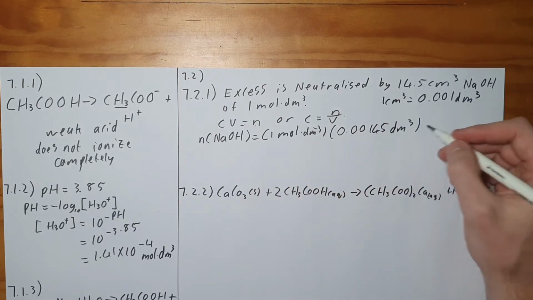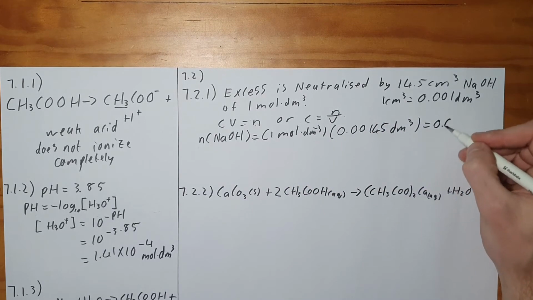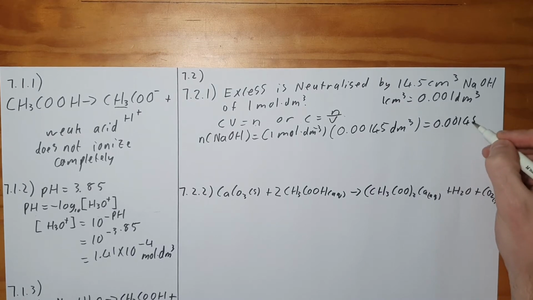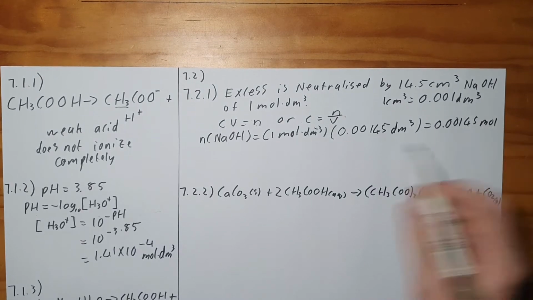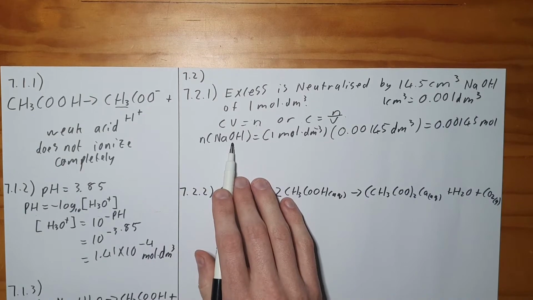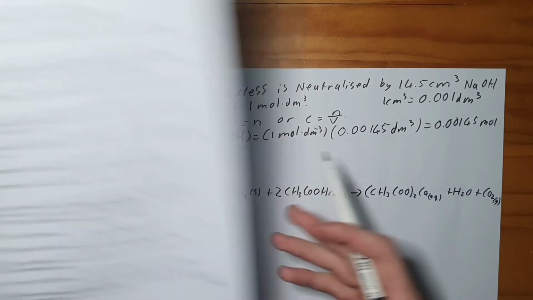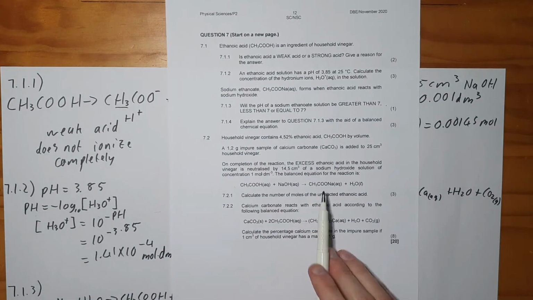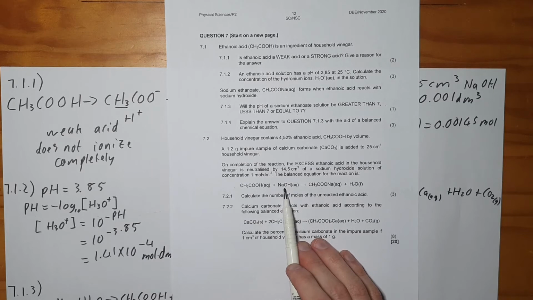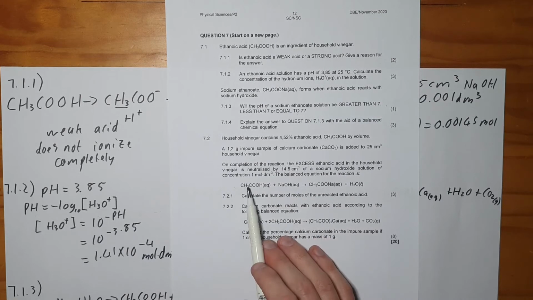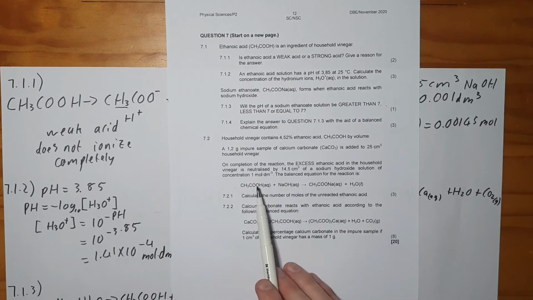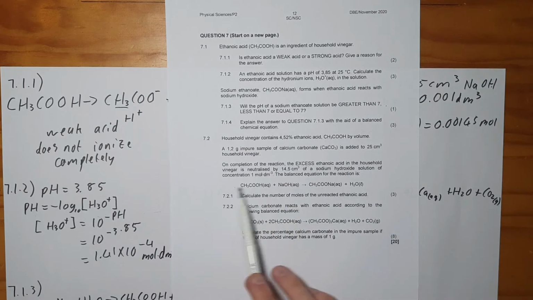Therefore, we're going to end up with 0.00145 moles of NaOH. But now remember, if you look at the balanced equation, the mole ratio of NaOH to CH3COOH, which is what we're looking for, is a 1-to-1 ratio.